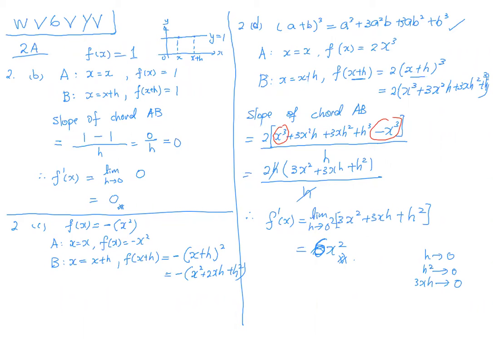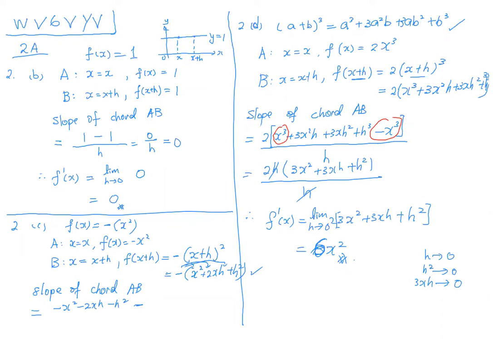So I think your issue here is here. Okay, so your slope of the chord AB will be negative x squared minus 2xh minus h squared, because you bring in all the negative, understand?